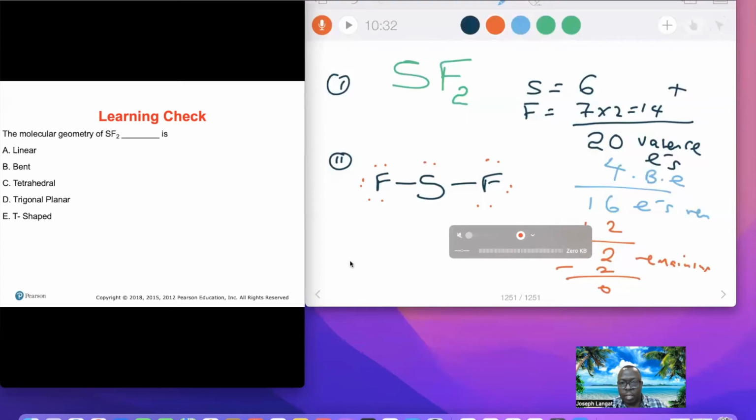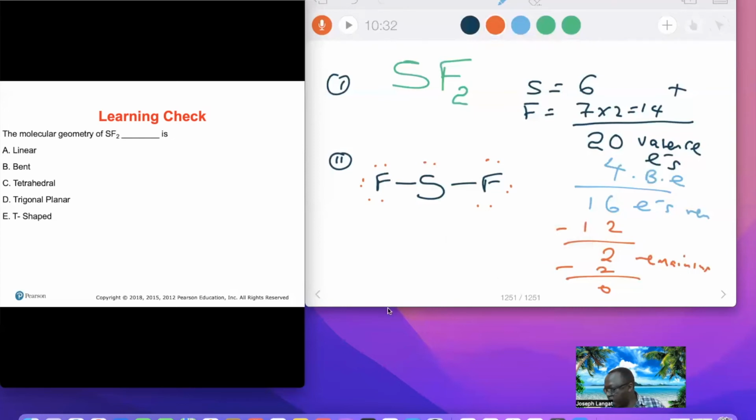So we have used 4 in bonding, and 20 minus 4 is 16.